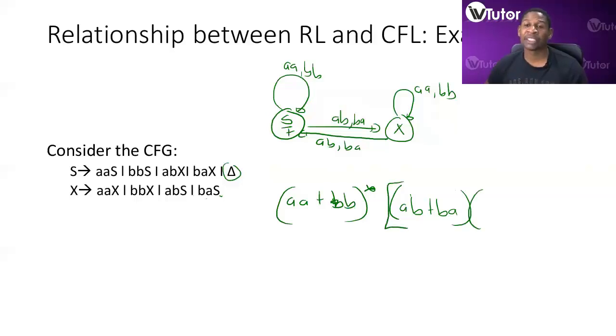So we can have this. You can have AA or BB, and then we have AB or BA.